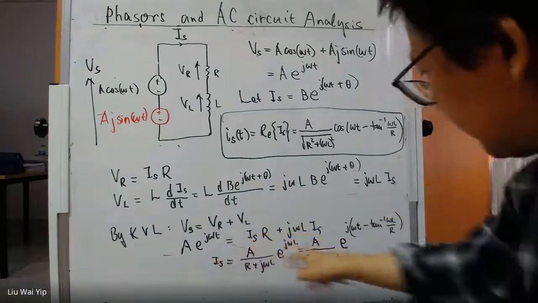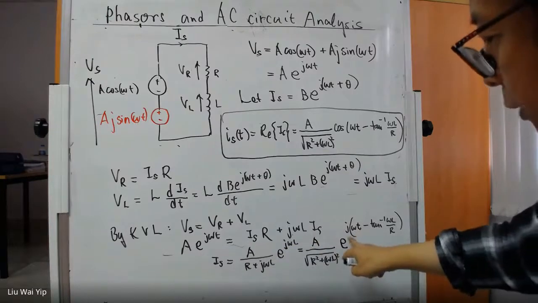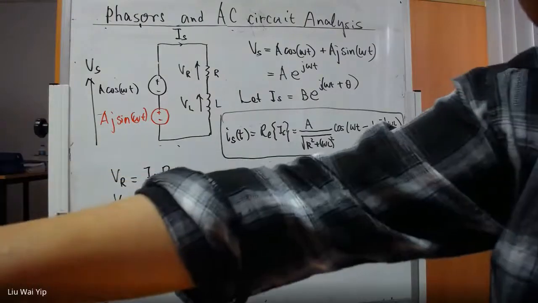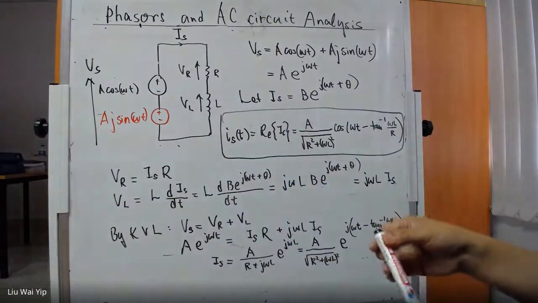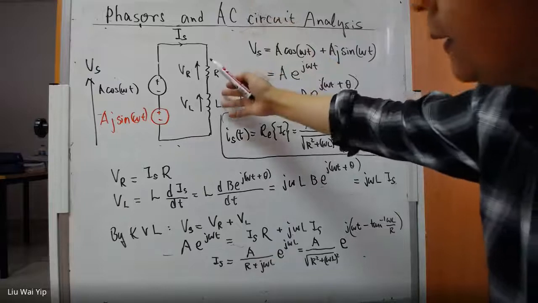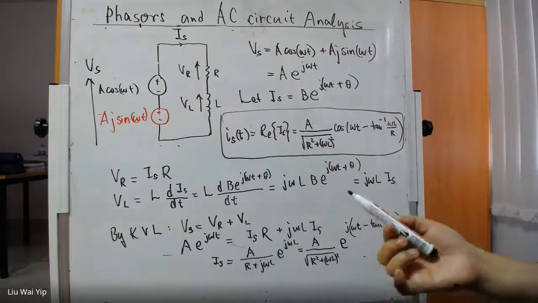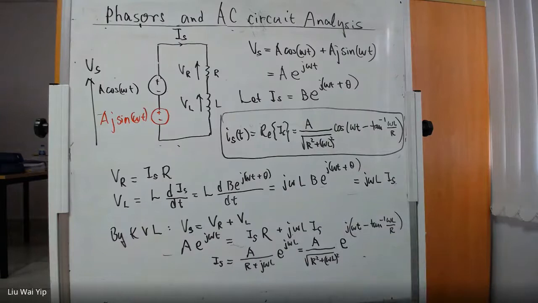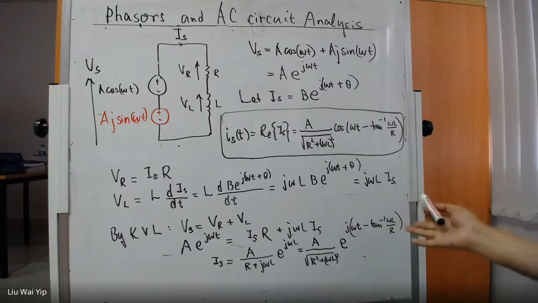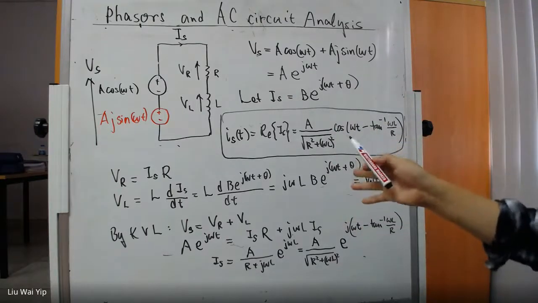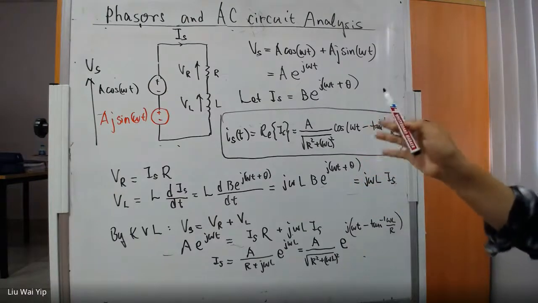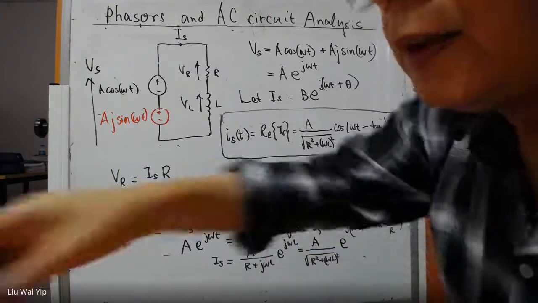In this case, we have e to the power j omega t on both sides, so we don't need that complicated solution. Another problem is that, in addition to the inductor, we also have a capacitor. So now we are going to apply what we have learned so far and come up with a methodology to resolve the problem.